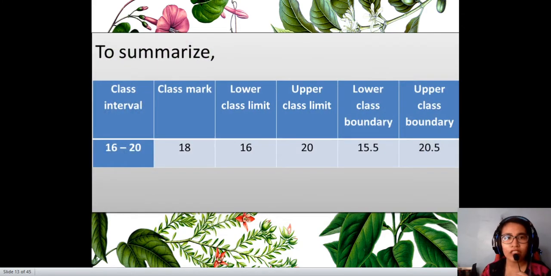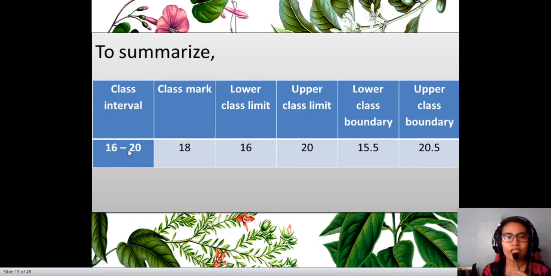To summarize it all, we write it in a table. We have now the class interval, and the class mark is 18. Again, the class mark is the middle score value of your class interval. The lower class limit is the lower number.